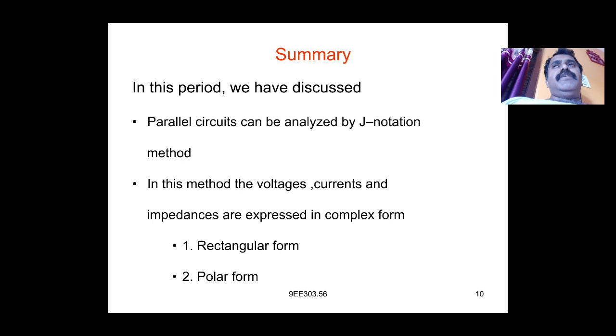We also studied the admittance method, where the impedance is converted and we find the currents and the equations of the power factor. By the J notation method, we convert into the complex form and the polar form, and we find the values of the currents and the power values.